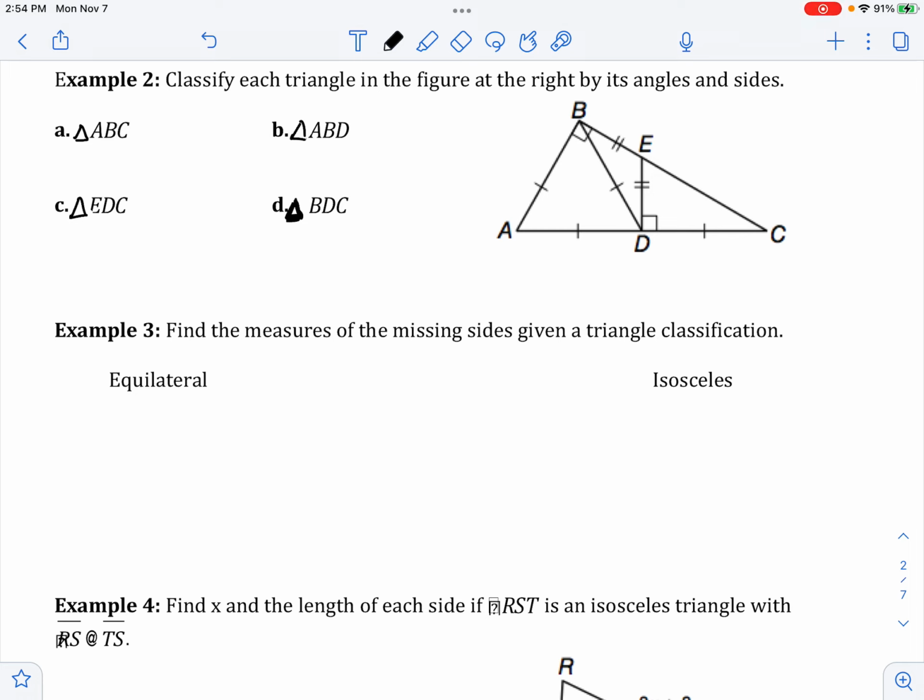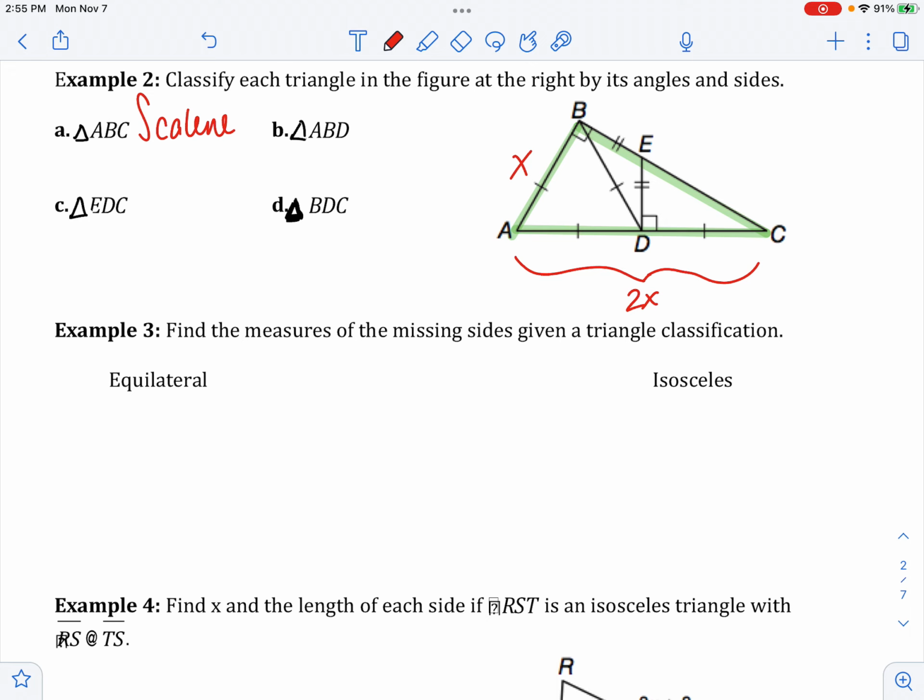If I look at triangle ABC, what I notice is that if this is x, I have a side that's x units long. I have a side that's two of those, so 2x units long, and I have a side that I have no idea what that is. It's not marked. So that must be scalene if everything is different.